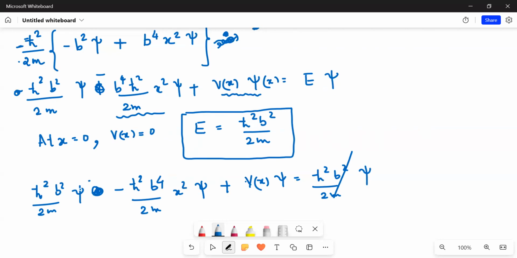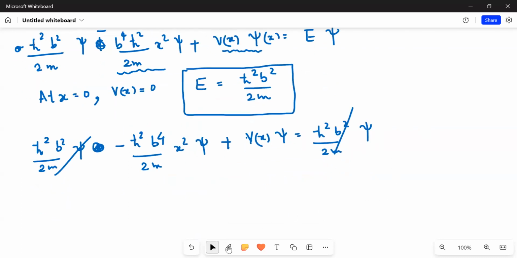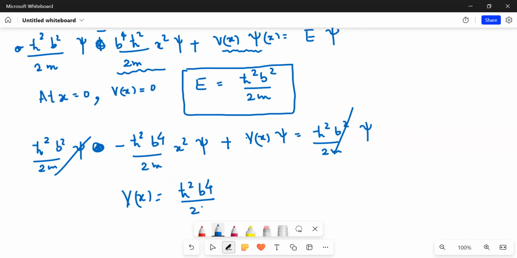So this cancels out, and from here we can get V(x) clearly as ħ²k²b⁴/2m x². I hope it is clear.